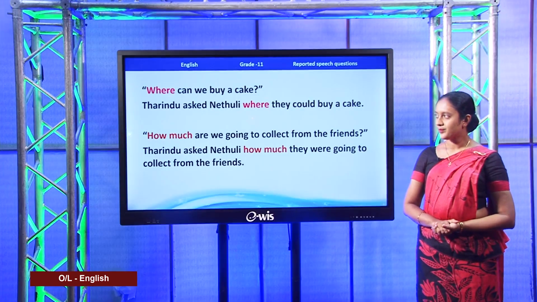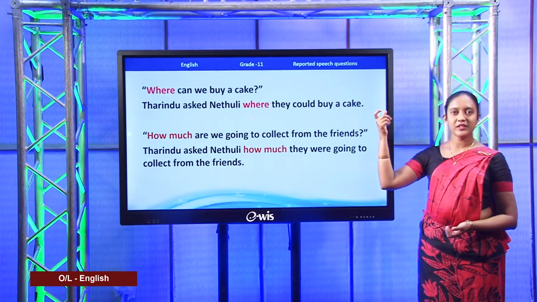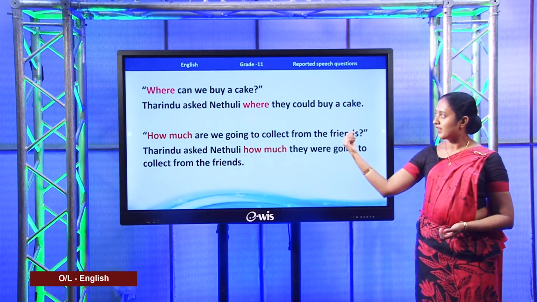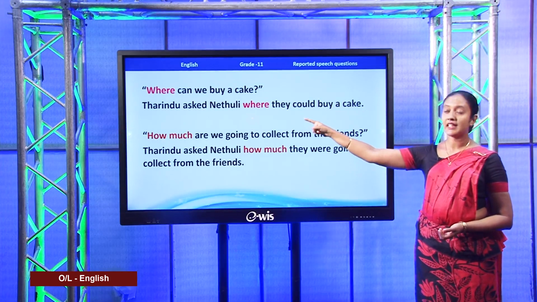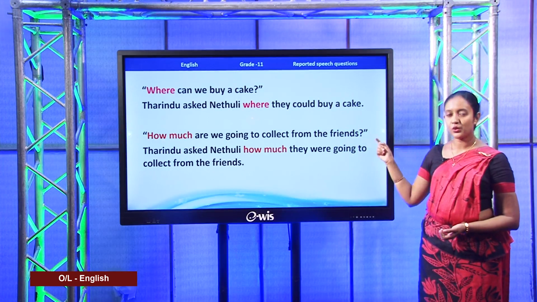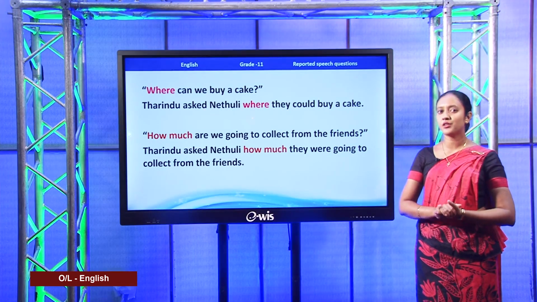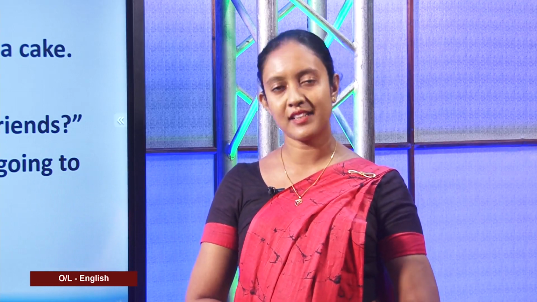So here, the WH question word where has become the same WH question in the reported speech. So we can use the same WH question word instead of if or whether. Here we don't use if or whether, we can use the same WH question in the reported speech.